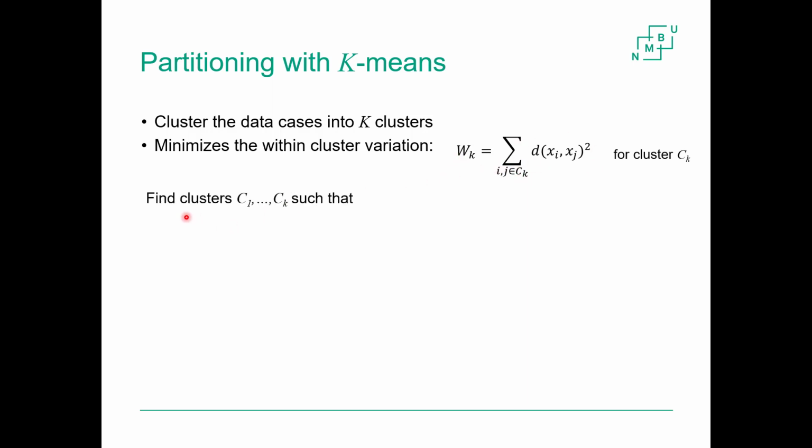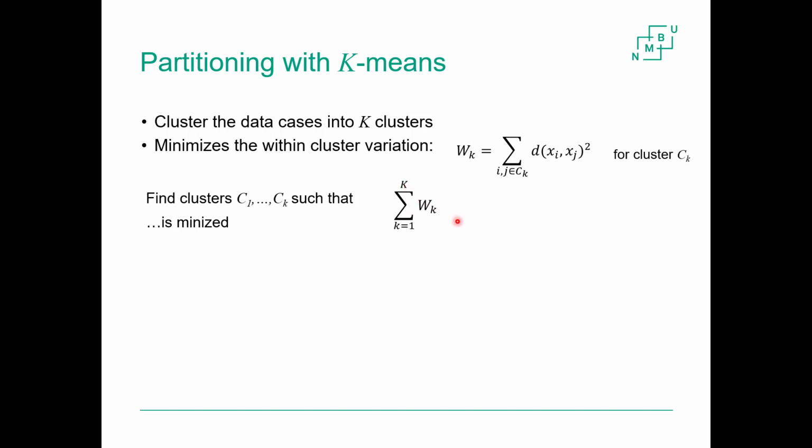The optimization problem is to find the clusters, cluster 1, 2, 3 up to capital K, such that the total sum of within cluster variation is minimized, as small as possible. So you just sum this over all the K clusters.